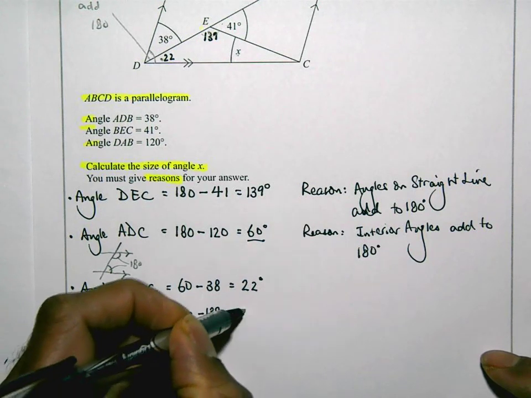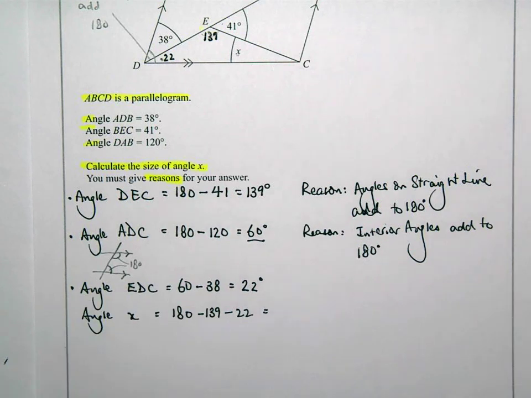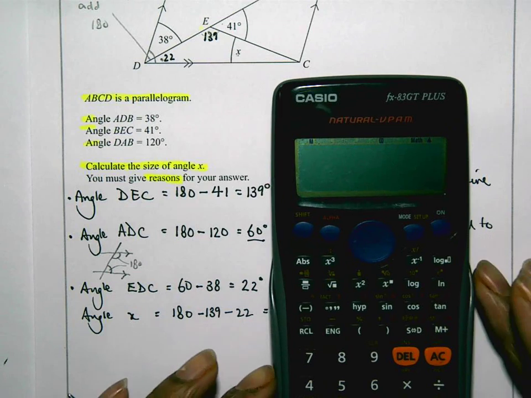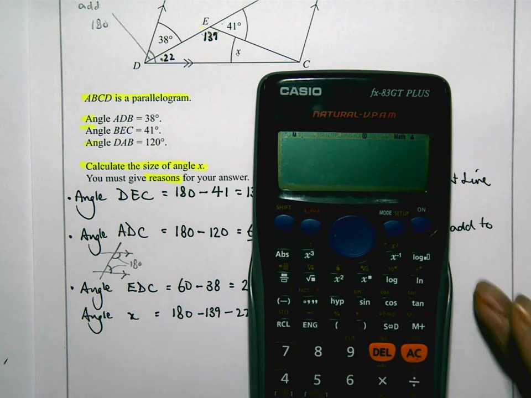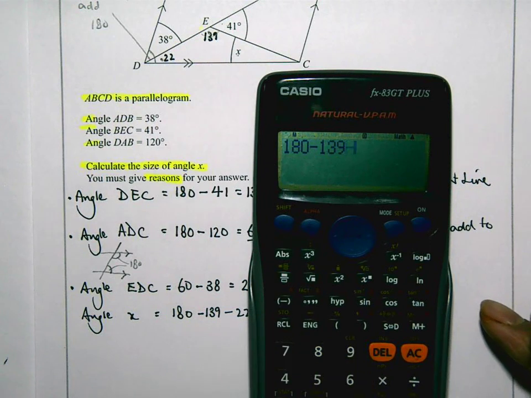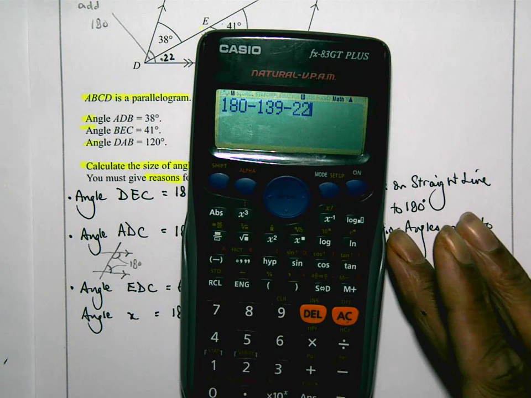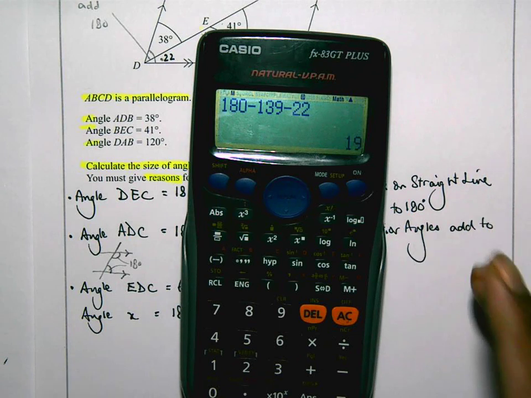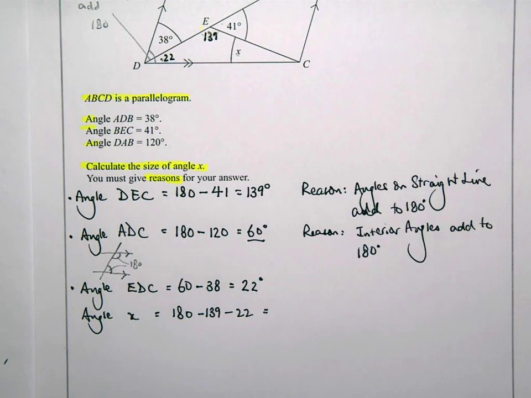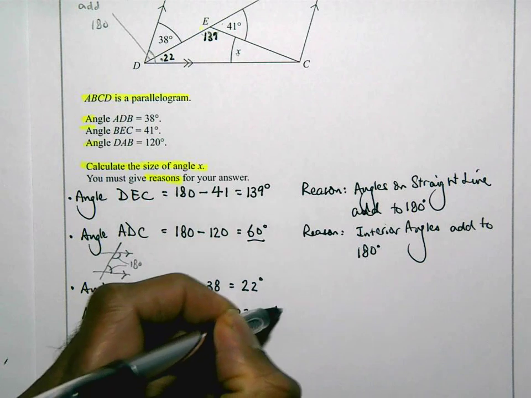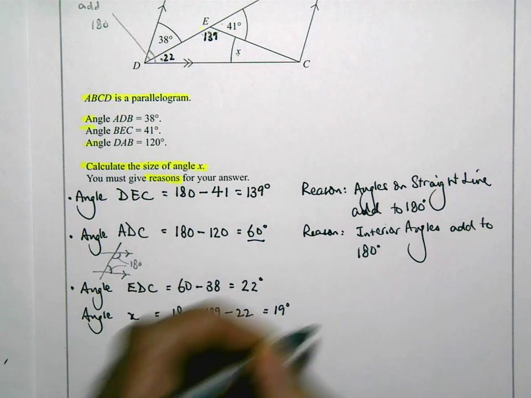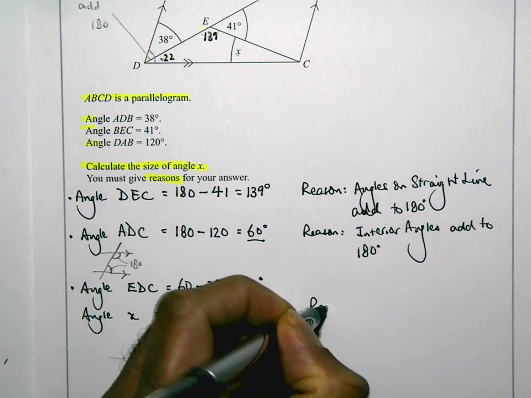And again, I'm going to use the calculator to work this out, just to make sure that I don't make any mistakes. And that's equal to 19. So that means that X is 19 degrees. And I need to put my reason for this as well. And the reason is the angles in a triangle add to 180 degrees.